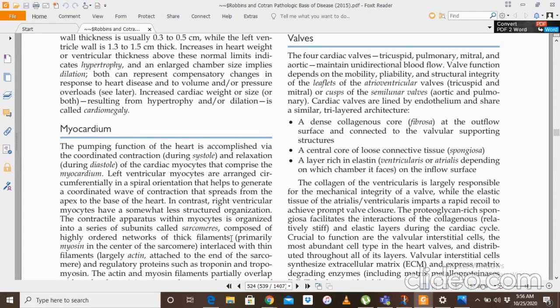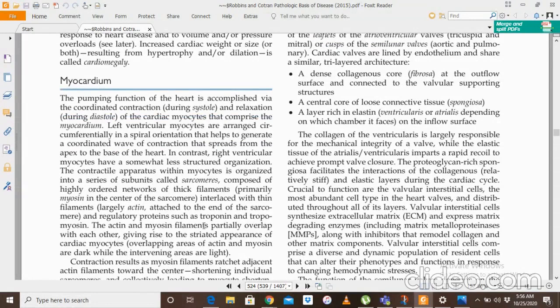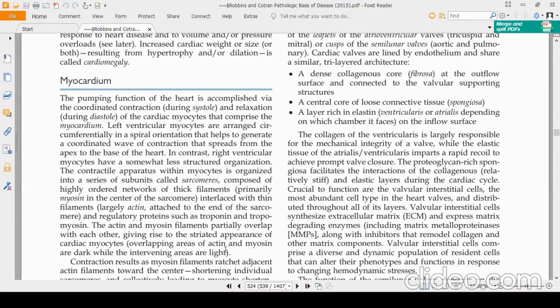They contain two types of filaments, the thick filaments and thin filaments, that come together to form cross bridges and result in contraction, along with regulatory proteins such as troponin and tropomyosin. The actin and myosin filaments partially overlap each other, giving rise to a striated appearance of cardiac myocytes. Overlapping areas of actin and myosin are dark, while the intervening areas are light.